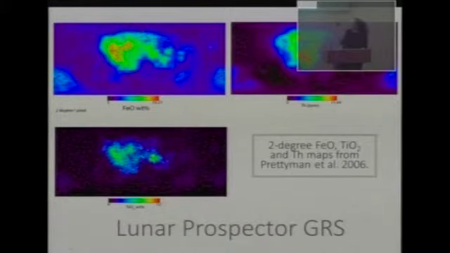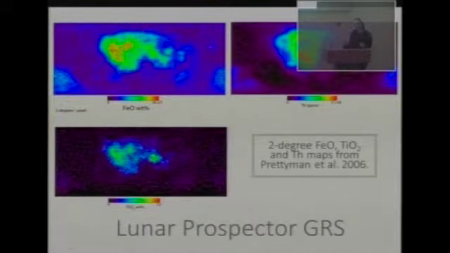Then we have thorium, where there is a hot spot of red. That is an area of the moon with a high thorium composition, called the KREEP terrain because it has high composition in potassium, phosphorus and rare earth elements. And then titanium.